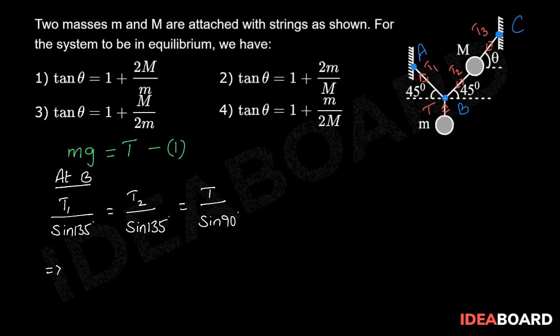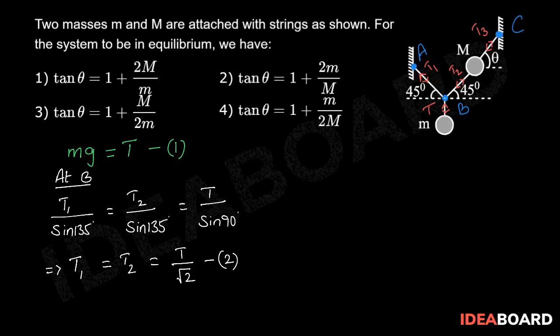Simplifying this, we get T1 equals to T2 equals to T upon root 2. Let this be the second equation.